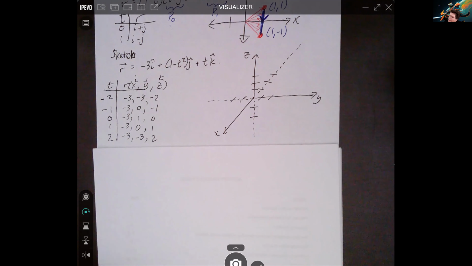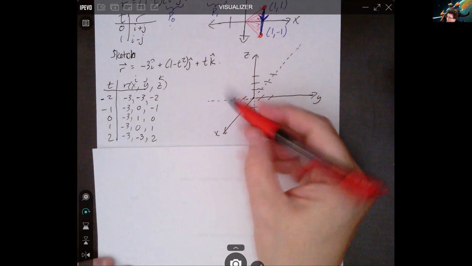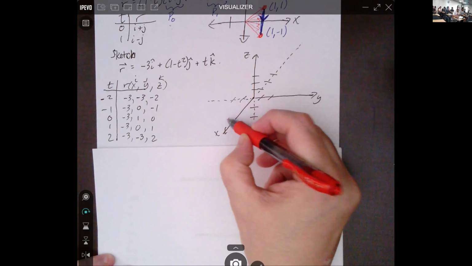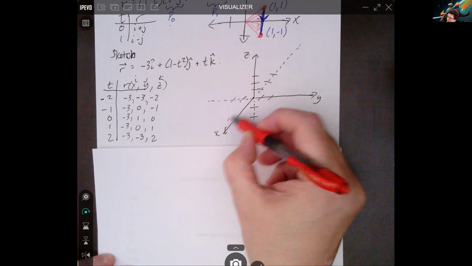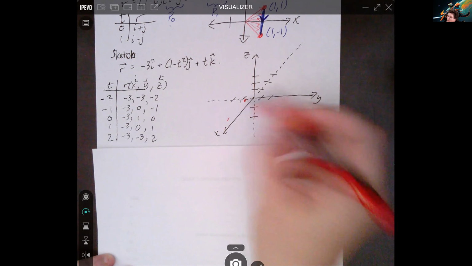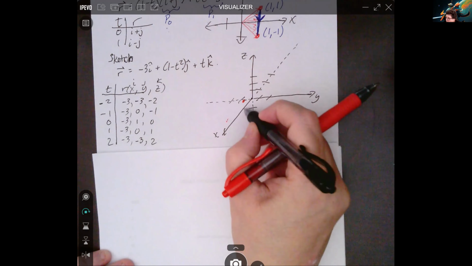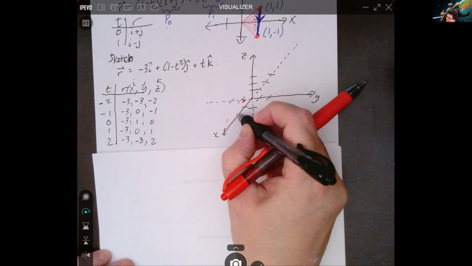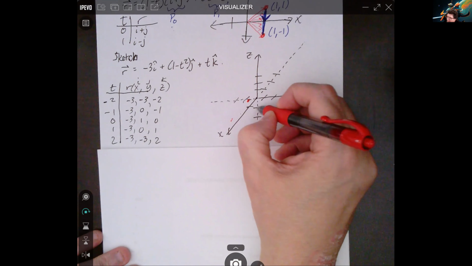So (-3, -2) would be here. And then I want to go back 3, so it kind of puts it right there. And then (0, -1) would be here.